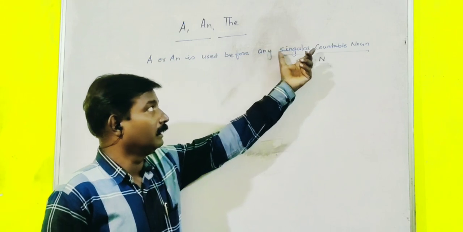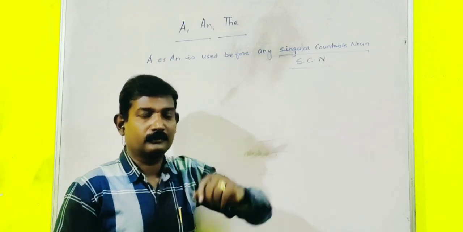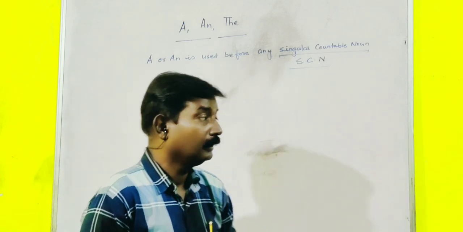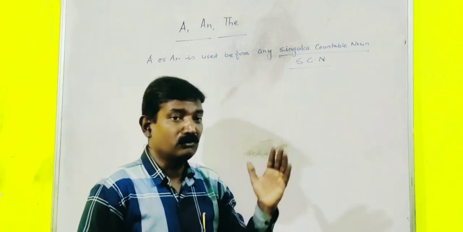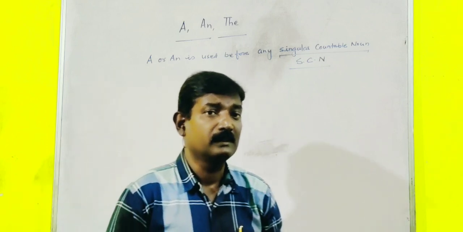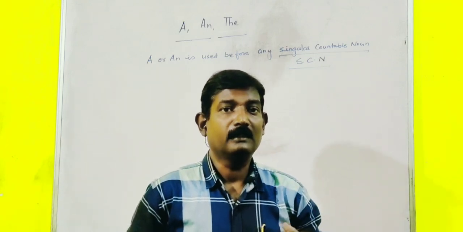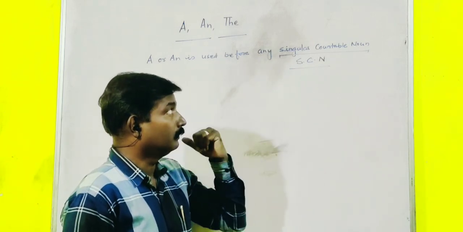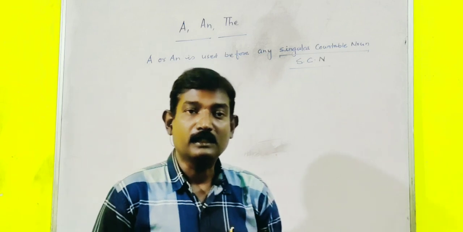First, it should be a noun. Okay, it should be a noun. The second thing, it should be countable. Now when we say countable noun, countable means the nouns that we can count. Okay, and the third condition is it should be singular.